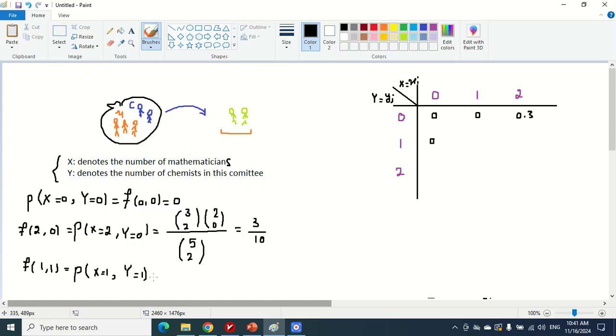The denominator of that probability is the same as the previous denominator because we select the same people, but at the numerator we need to select 1 out of 3 because we need one mathematician, and 1 out of 2 because we need one chemist, and 2 times 3 is equal to 6, so the result is 0.6, and I can replace 0.6 over there as well.